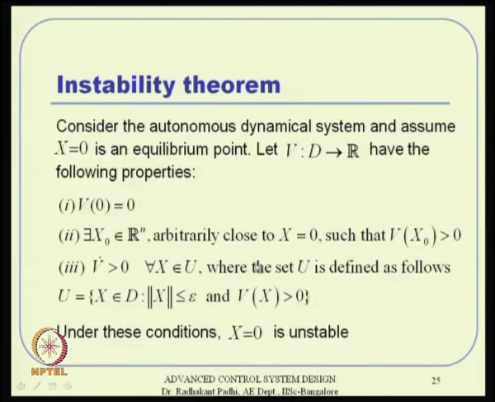Then the instability theorem: in addition to V being positive definite, V dot has to be positive definite in a rough way, but the conditions are much milder, and this is the one condition to satisfy. Remember, there are many instability theorems. If you are not able to show this condition, you can show another theorem.